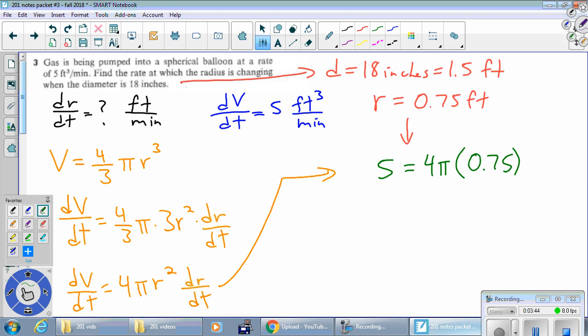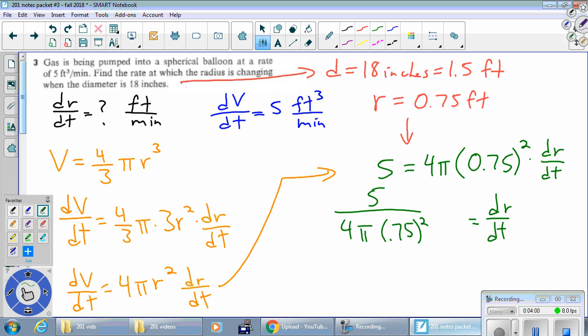Then it's okay to fix them. So it was r squared, and then times dr/dt, that's the unknown. So we just have to solve this for dr/dt, and we are good. We just divide both sides by 4 pi times 0.75 squared. If we want a decimal version, then we can just type that into the calculator.